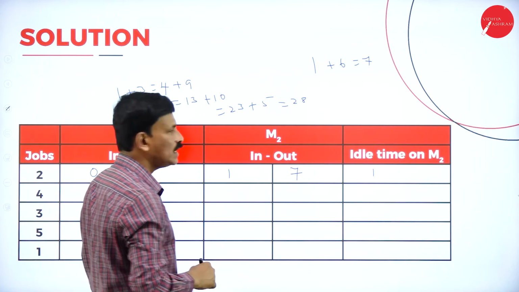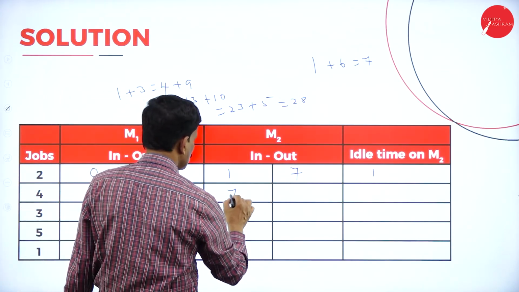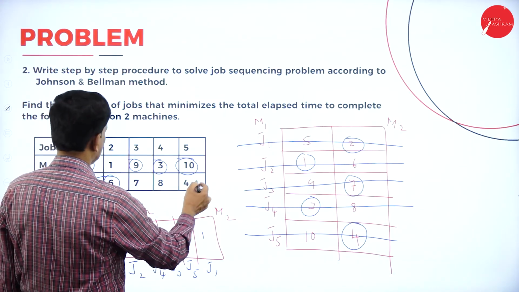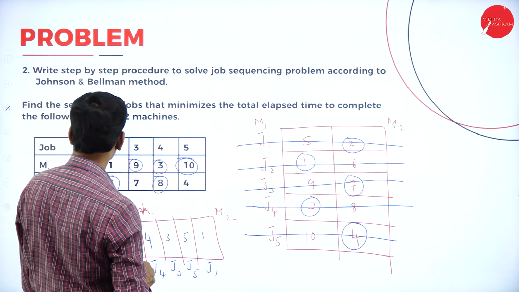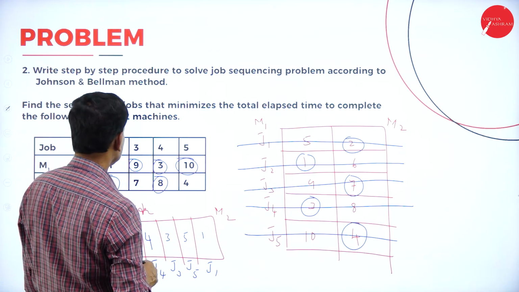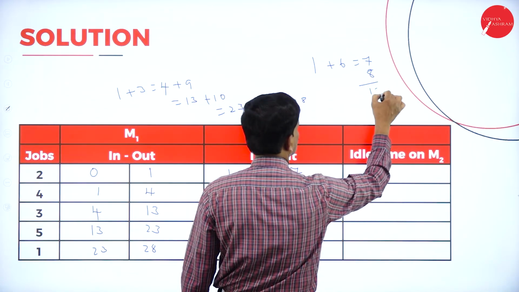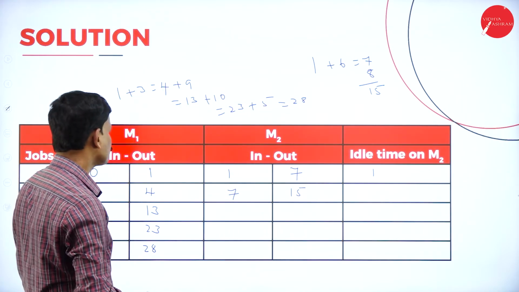Okay. Next, again, for J4, the in time will be 7 for the machine 2. And corresponding to J4, what are we going to get? J4, it is 8 hours. So, 8 hours, that is nothing but 7 plus 8. So, this is equal to 15 hours. Out time will be the 15 hours. See.